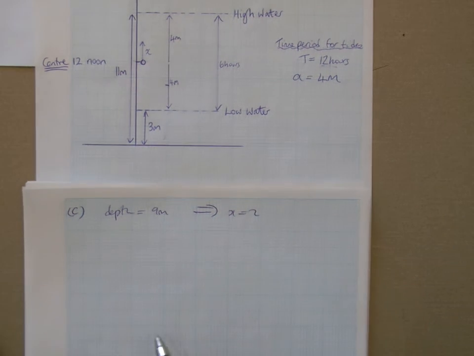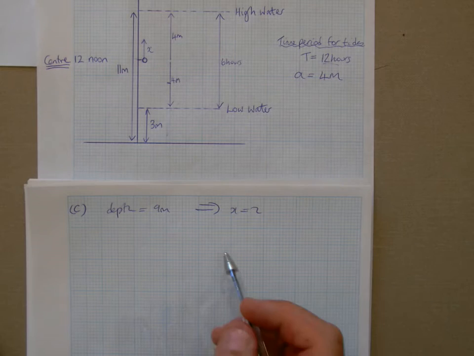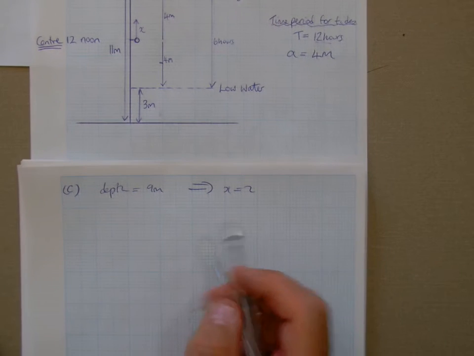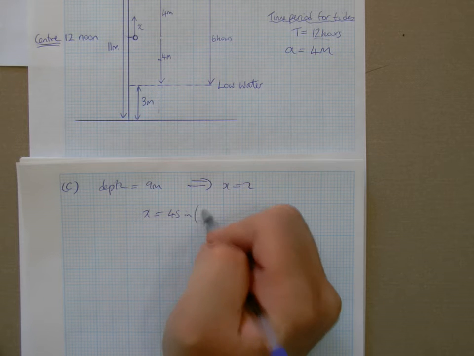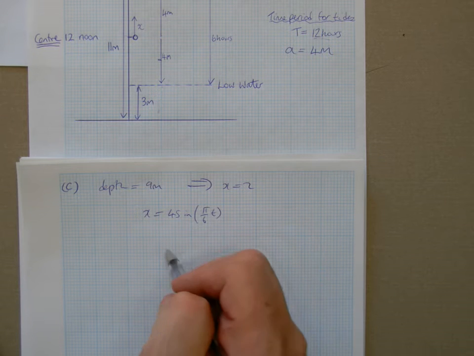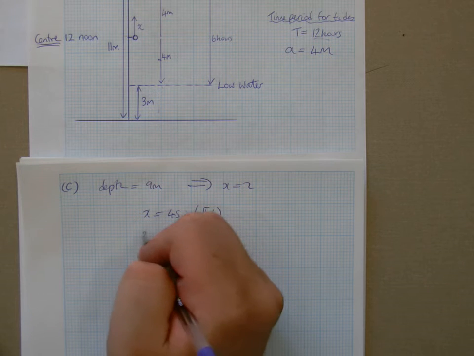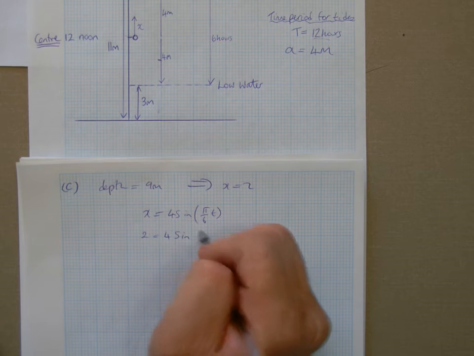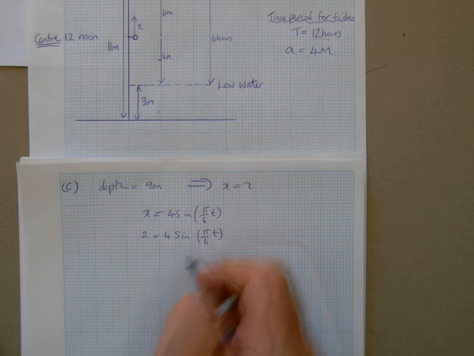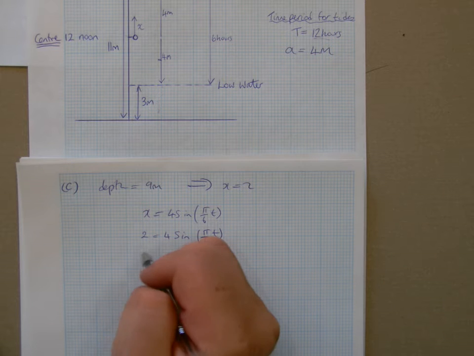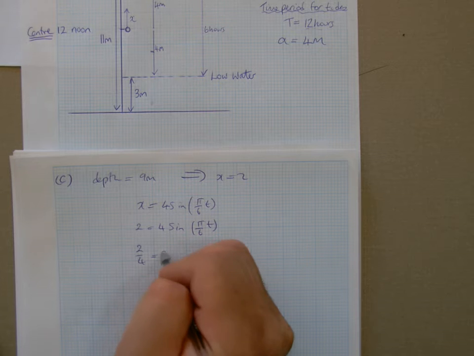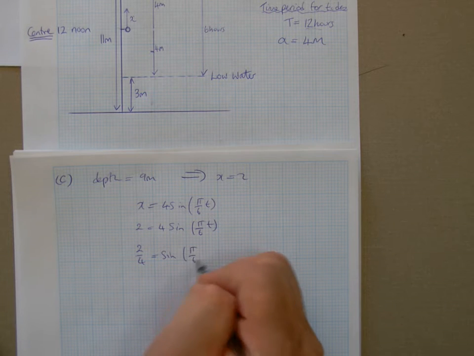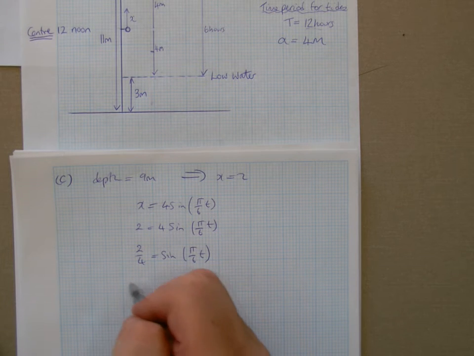So if we go back to our expression for x, x equals 4 sine pi over 6 t. Then we can put 2 in here: 2 equals 4 sine pi over 6 t. I take the 4 over, so it becomes 2 over 4 equals sine pi over 6 t, and then take sine to the minus 1.